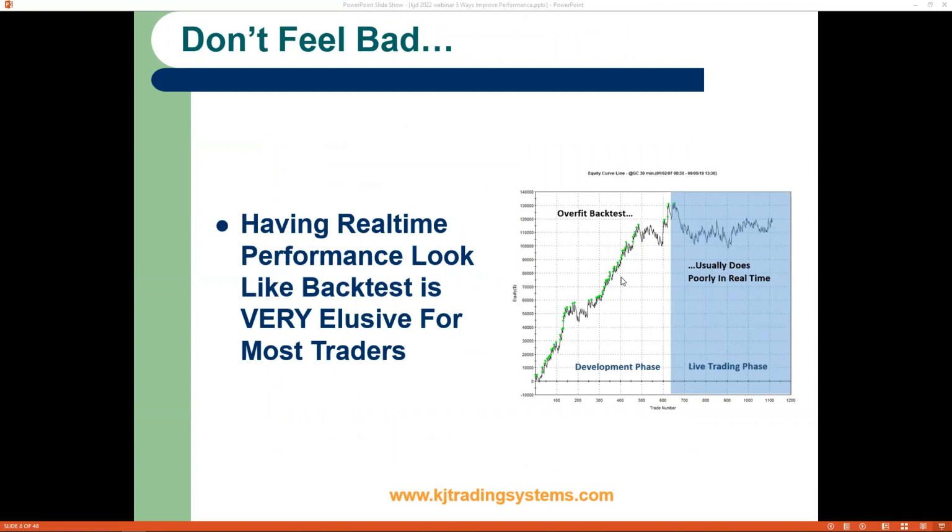So don't feel bad if you've built systems and this is what happened. They could be algo systems. Maybe it's your discretionary trading where you did some manual back testing, whatever. This is really common. So, if you feel, oh man, I'm a failure as a trader because I did this, no, don't feel bad about it.